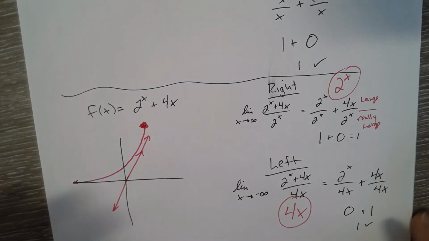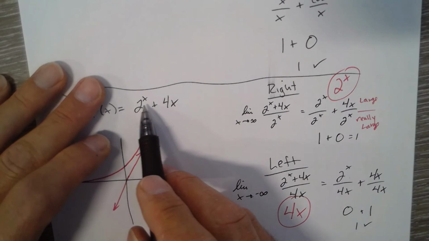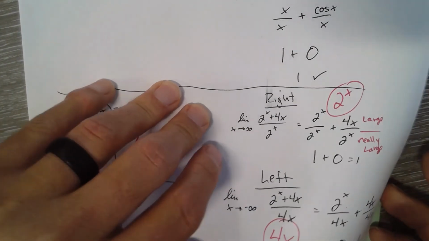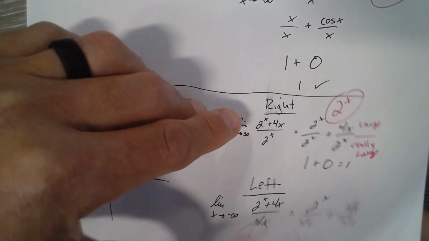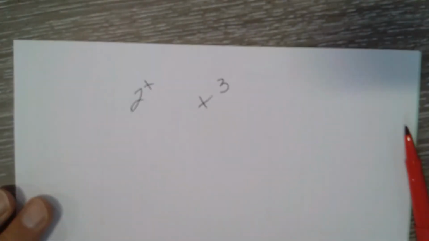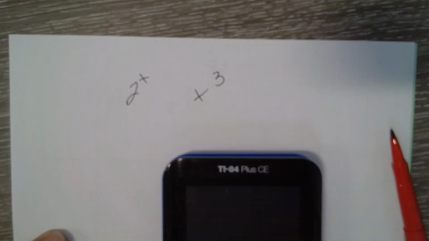And then we talk about how you compare 2 to the x to 4x. Well, 2 to the x seems to be more dominant. But what if we were comparing 2 to the x to x cubed? Which one's more dominant? Well, if you graphed it, it may or may not be apparent.